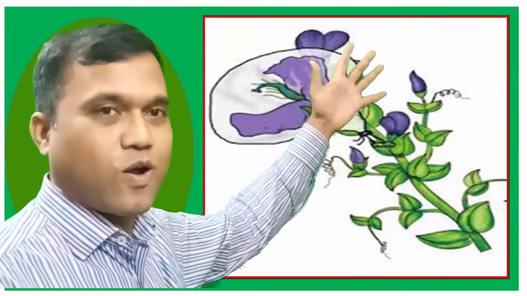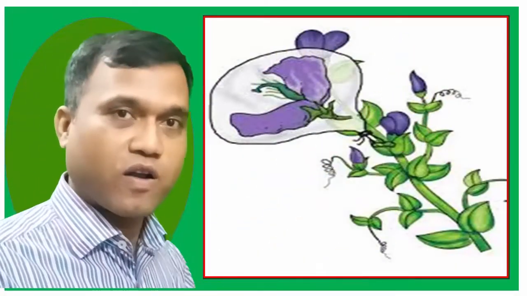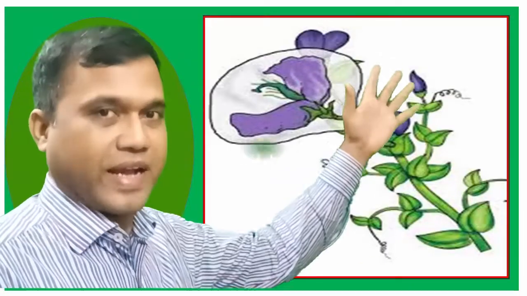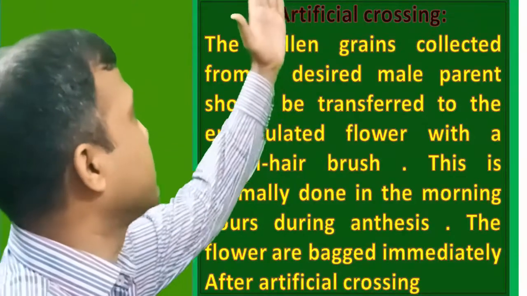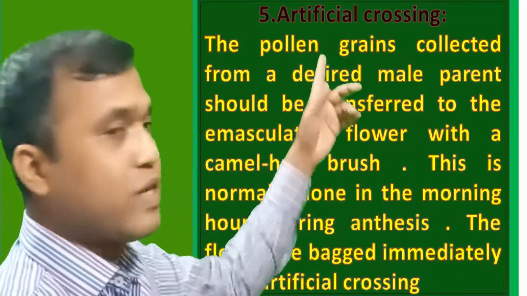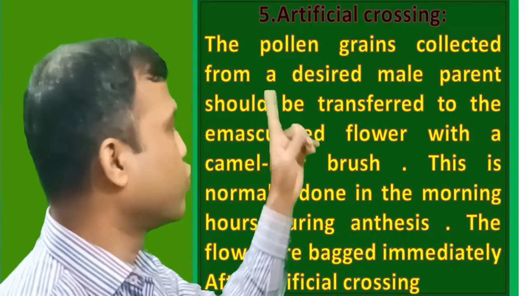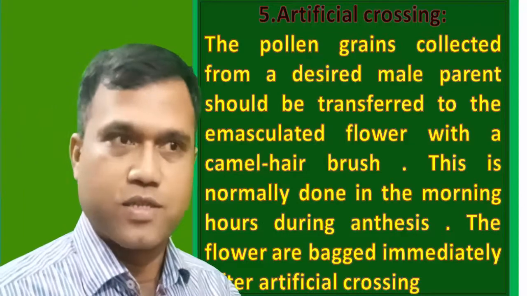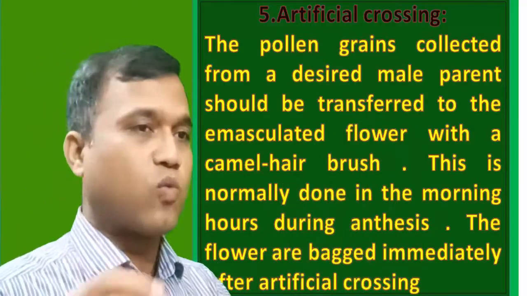This is a picture of the bagging step. Here an emasculated flower is covered by a bag. Step number 5, artificial crossing.